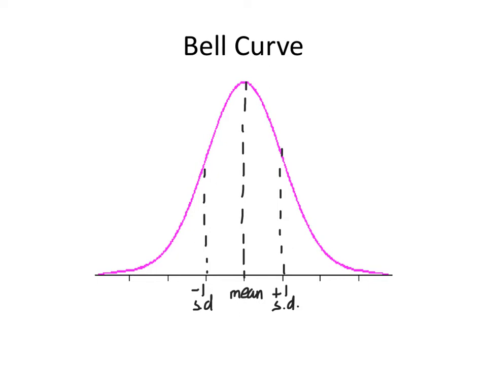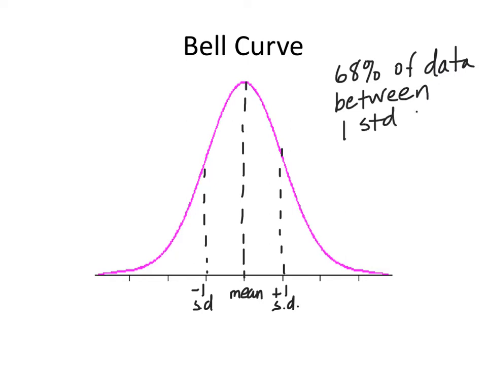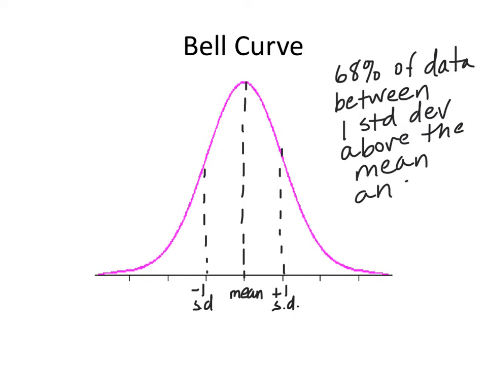Then the 68, 95, 99.7 rule tells me that 68% of my data is between one standard deviation above and one standard deviation below. So 68% of the data is between one standard deviation above the mean and one standard deviation below.